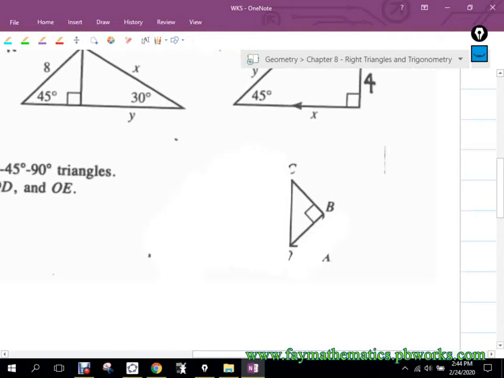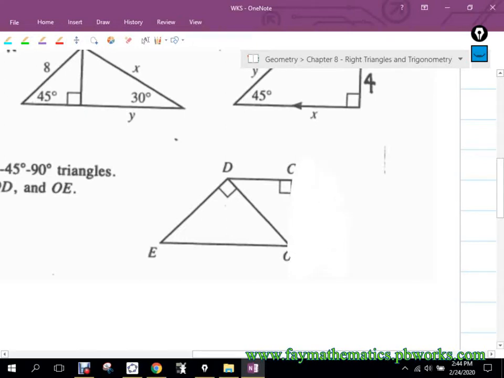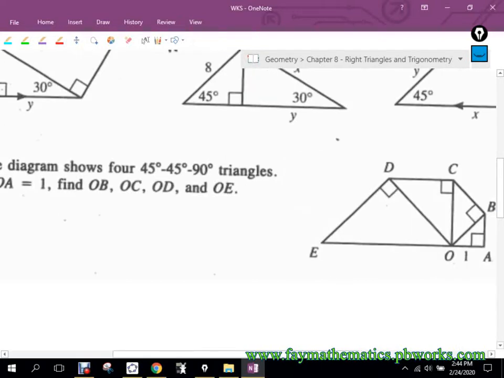And I'm going to go around and find all the things about that triangle. And I should know then O to C. So once I know O to C, I'm going to worry just about that triangle, try to find OD. Does that make sense? And once I find OD, I should be able to find all 3 segments of that triangle. Okay? So one segment gets you into the next triangle.